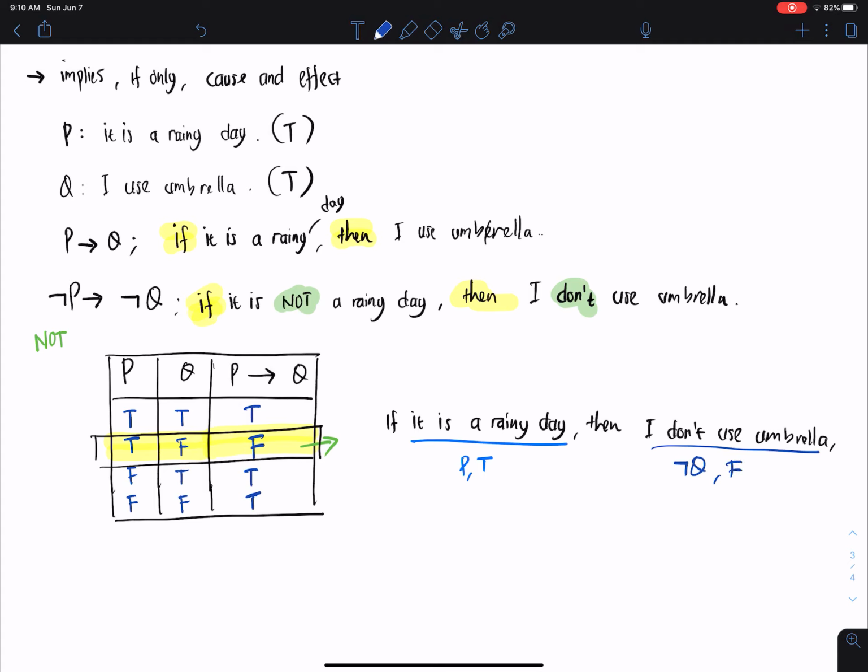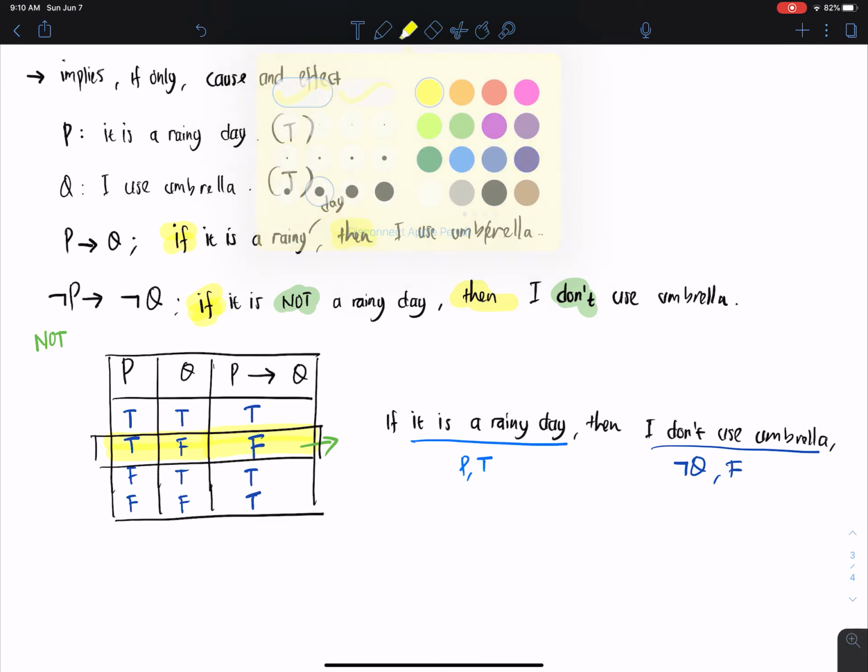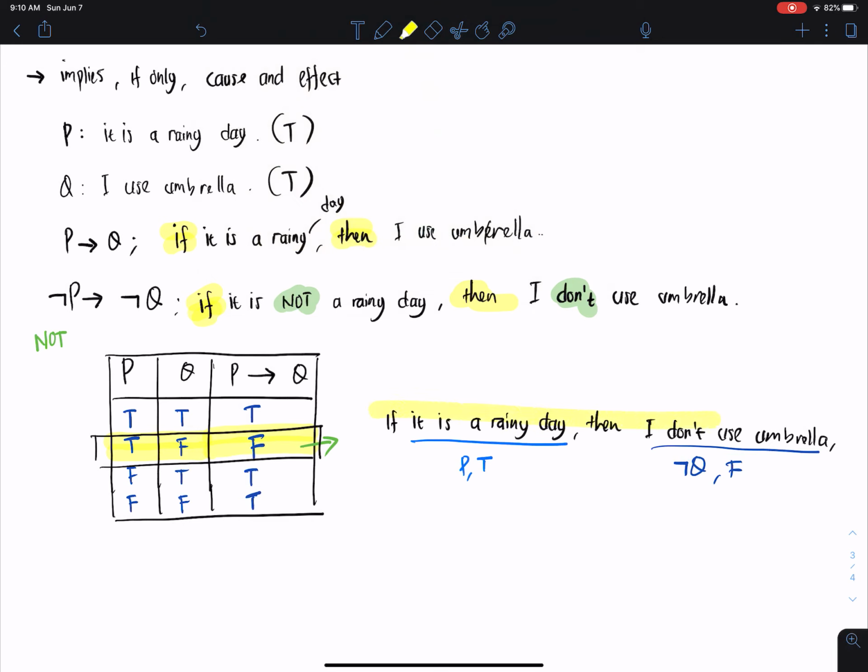Now, you tell me, how do these propositions sound? We know that if it is a rainy day, by all means we should use umbrella. But here said, if it is a rainy day, then I don't use umbrella. So in a logical sense, there's something wrong in there.